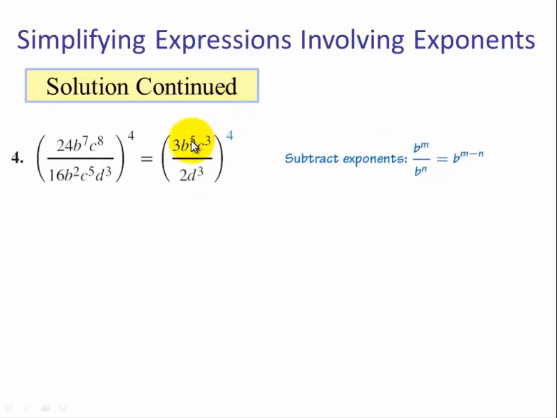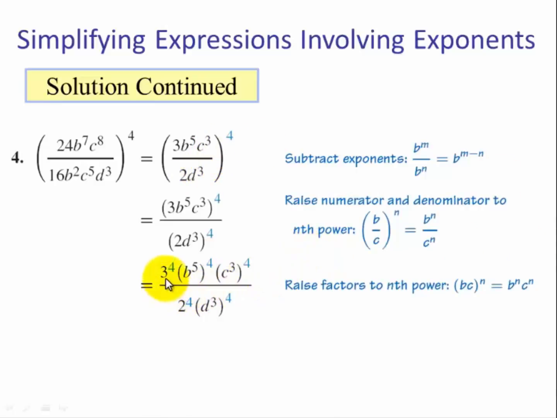Next, we're taking powers to powers, so every base will have its power multiplied by 4. So this will be 3 to the 4th power, b to the 5 times 4 power, c to the 3 times 4 power, 2 to the 4th power, d to the 3 times 4 power.